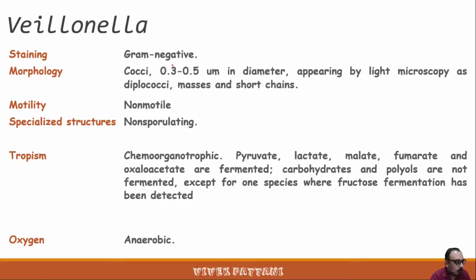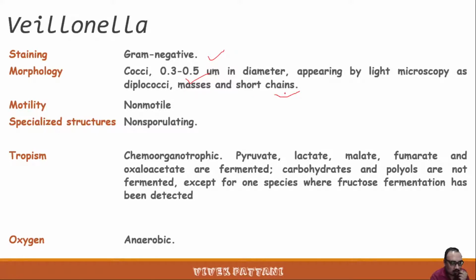Okay, and they stain gram negative and are cocci with a size range from 0.3 to 0.5 micrometer in diameter and appear by light microscopy as diplococci, as they occur mostly in pairs and also in short chains.